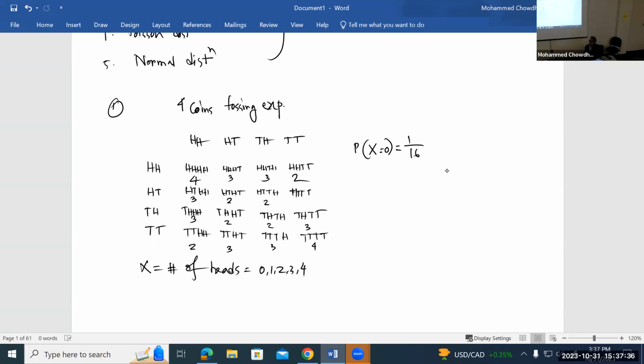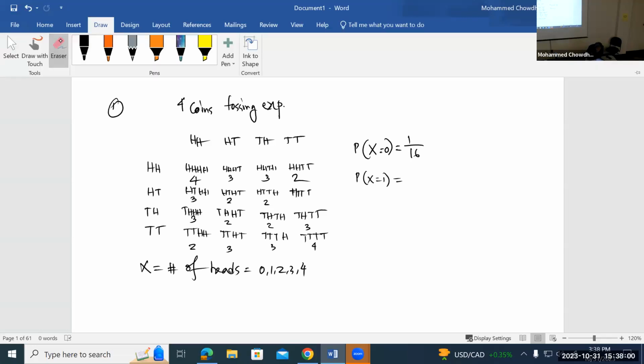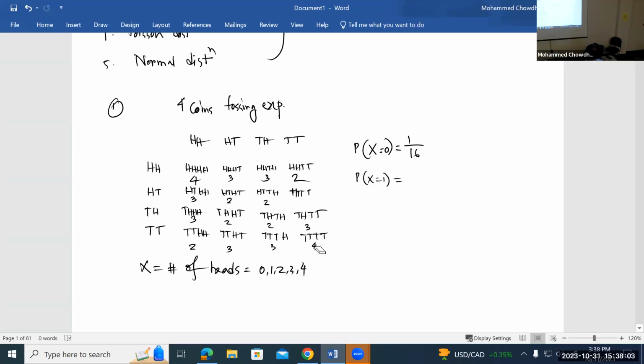Now the probability of X equal to 1 head. Sorry, I drew it wrong here.